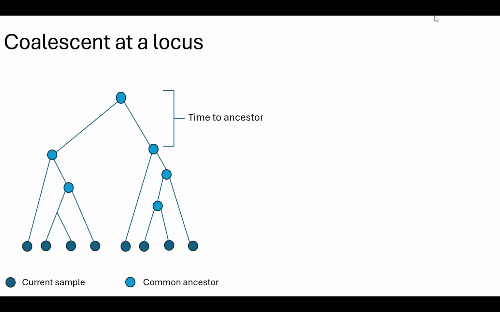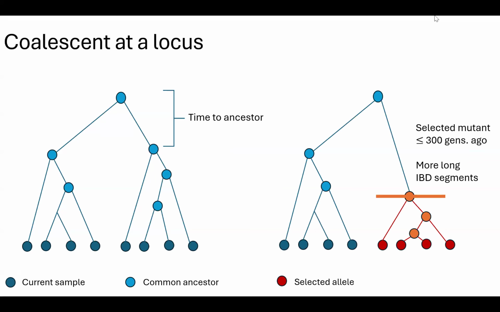In the case of the alternative model, strong positive selection, those in red with the selected allele have more recent common ancestors. So there have been fewer generations under which genetic recombination can break down the shared haplotype segments. As a result, we'll observe excess IBD rates if selection is sufficiently strong.